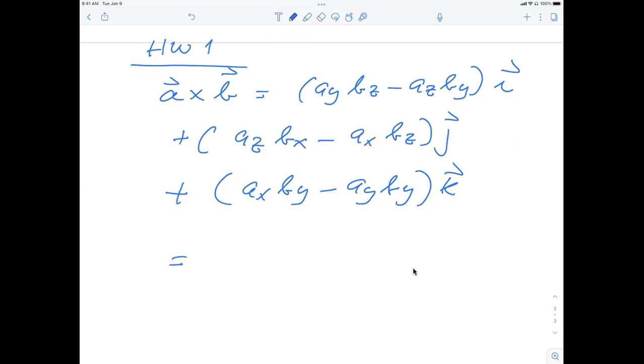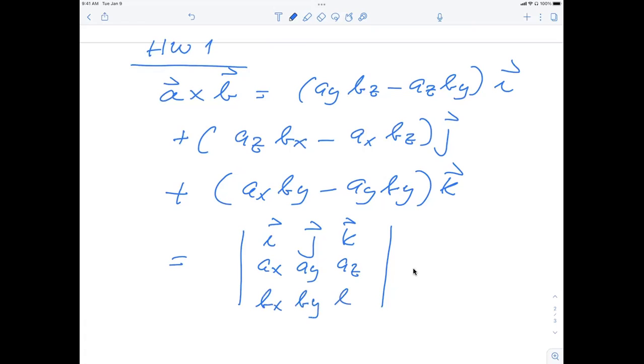So you can rewrite that in terms of a determinant where you have i, j, k, and then a_x, a_y, a_z, and b_x, b_y, b_z. This is not meant to intimidate those of you who have not taken linear algebra. It is just additional information.